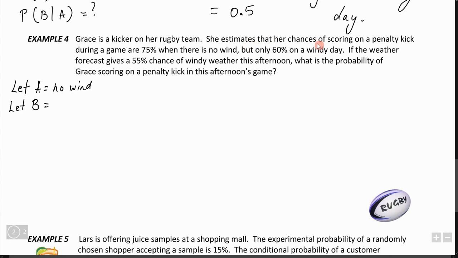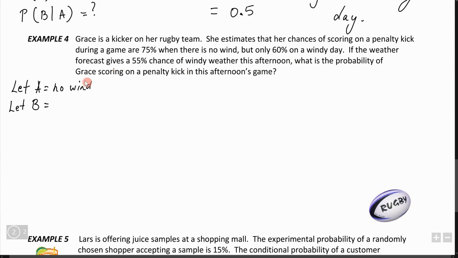She estimates that her chances of scoring on a penalty kick during a game are 75% when there's no wind, but only 60% on a windy day. If the weather forecast gives a 55% chance of windy weather this afternoon, what is the probability of Grace scoring on a penalty kick in this afternoon's game?